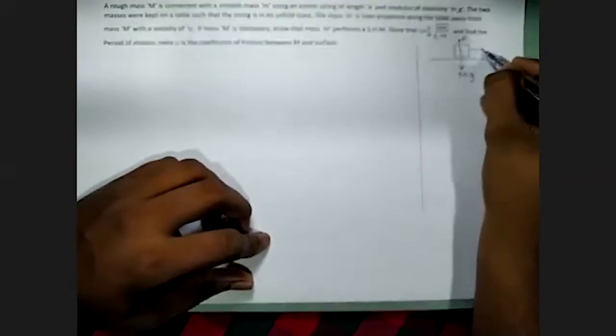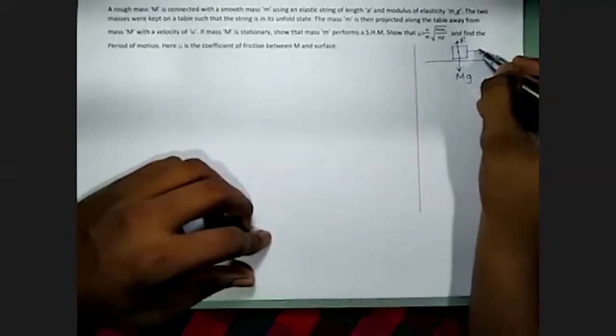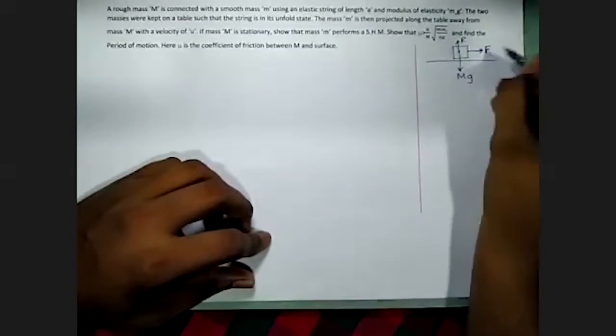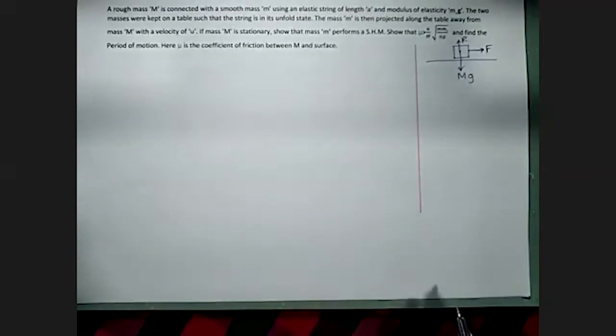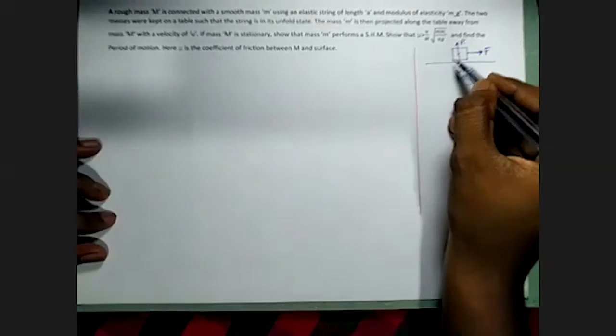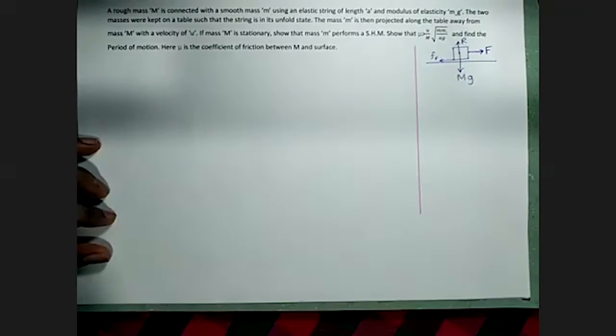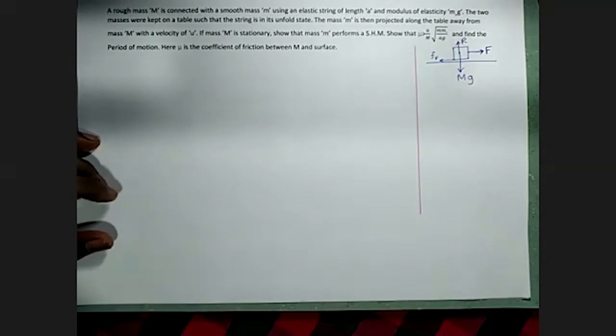Perpendicular reaction, which is perpendicular to the surface, is R. When I pull this weight to the right hand side by applying the force capital F, to oppose this force, there will be a friction applied like this.